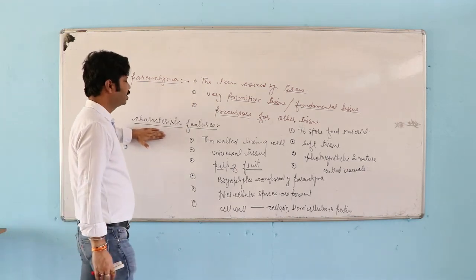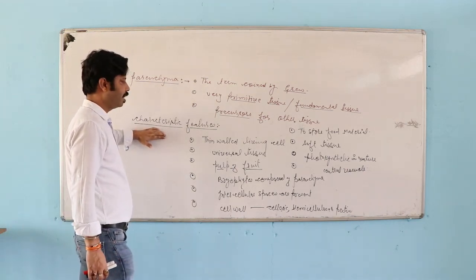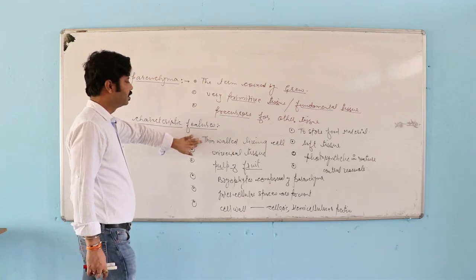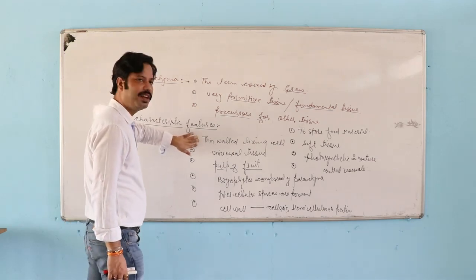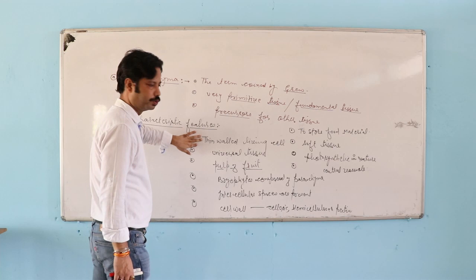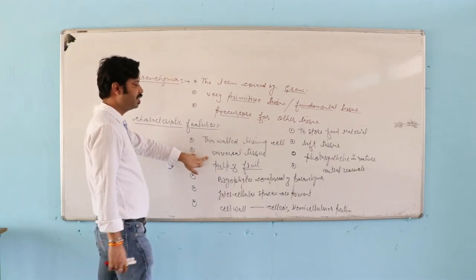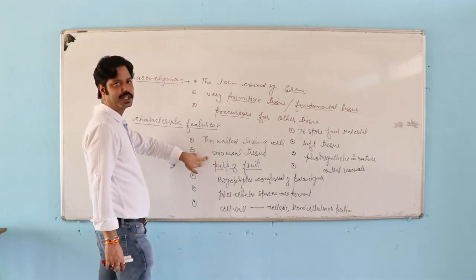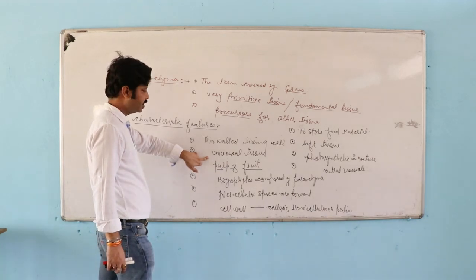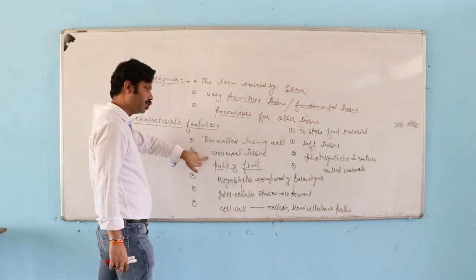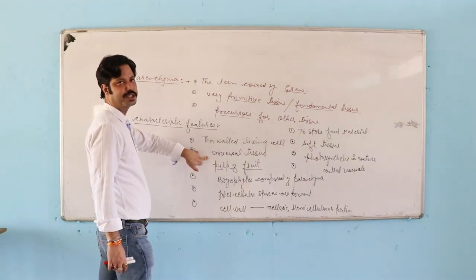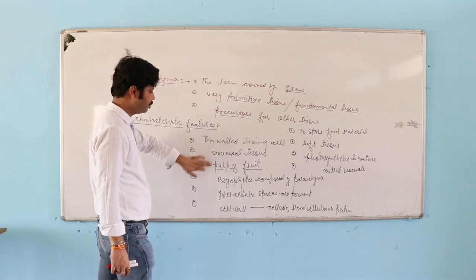If we talk about the characteristic features of parenchyma, first, these are thin-walled living cells or tissue. These are universal tissue because they are present in the majority of the plant body, hence they are also called universal tissue. Also present in the growing part of the plant body.